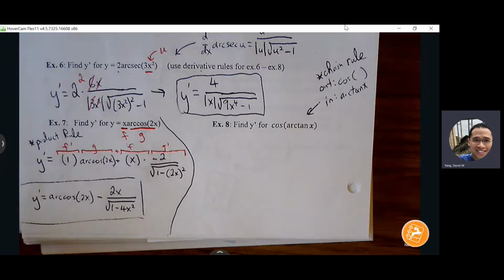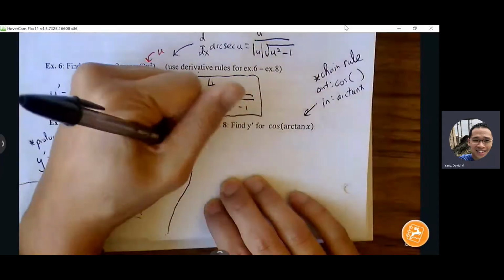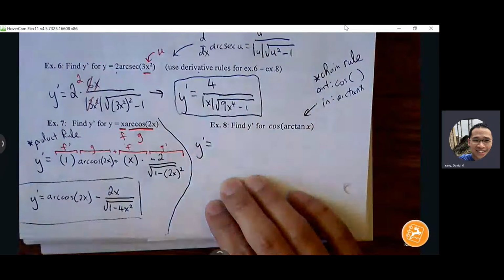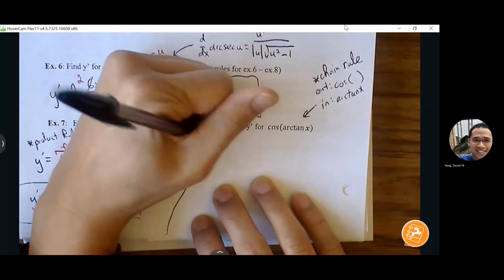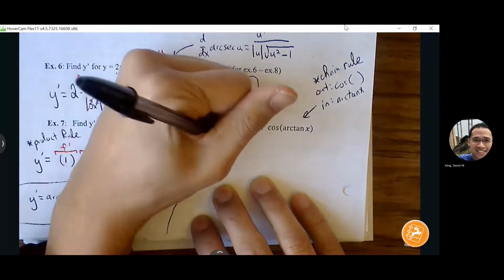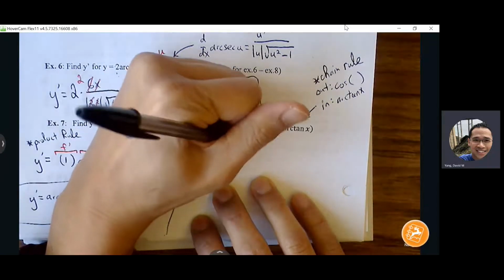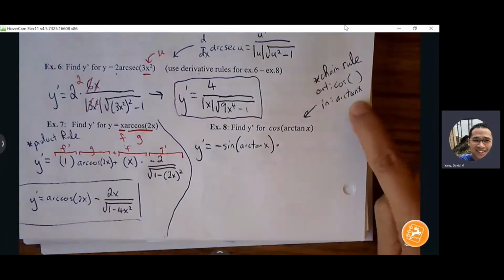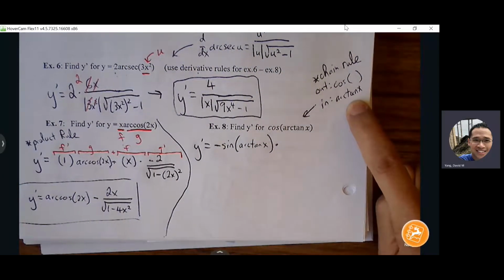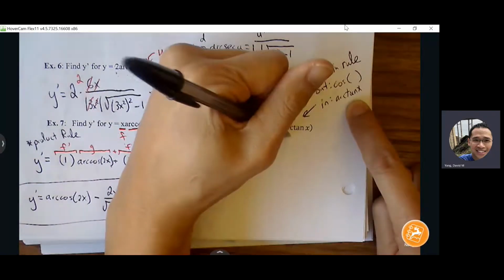Okay, so y prime equals outside's derivative, cosine becomes negative sine. Times the inside's derivative, arctangent becomes u prime over 1 plus u squared.